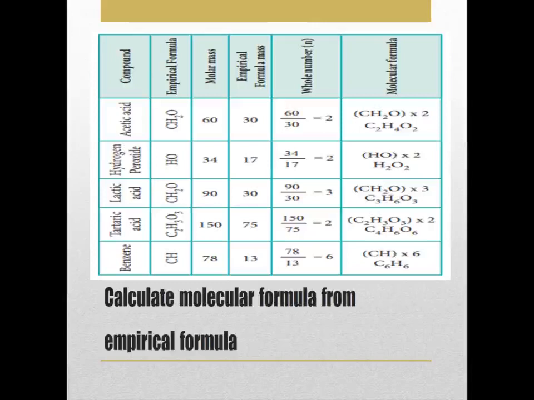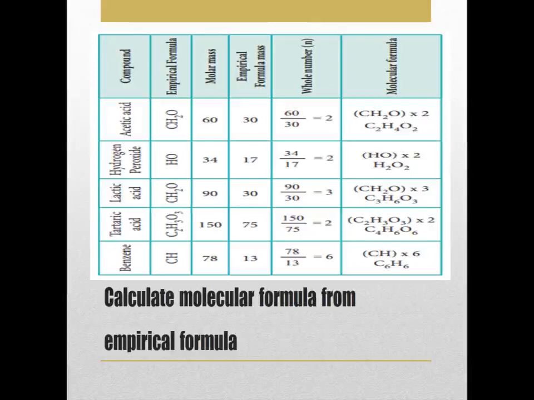Have you understood? Two organic compounds, one present in vinegar, another present in sour milk, having the composition carbon 40, hydrogen 6.6, oxygen 53.4. What will be the molecular formula? You calculate it. That is your homework. Write down the two organic compounds, vinegar and sour milk.